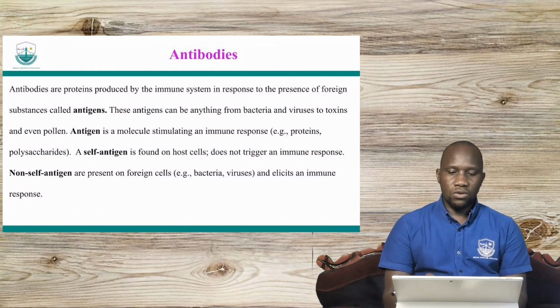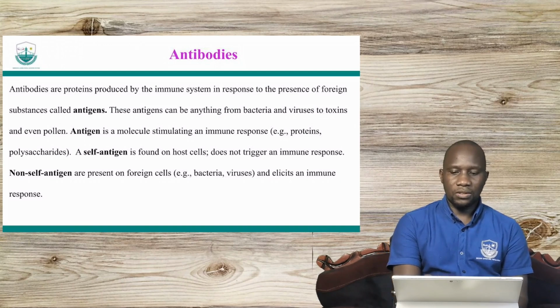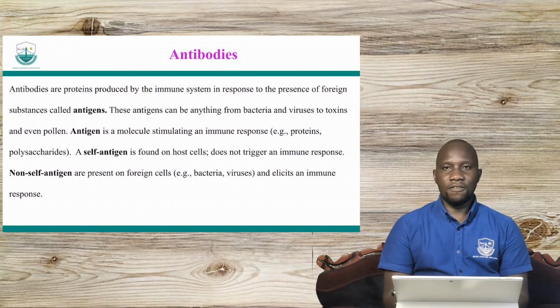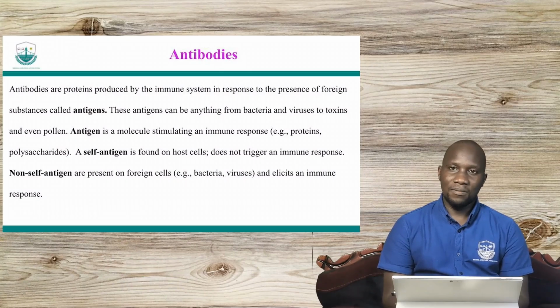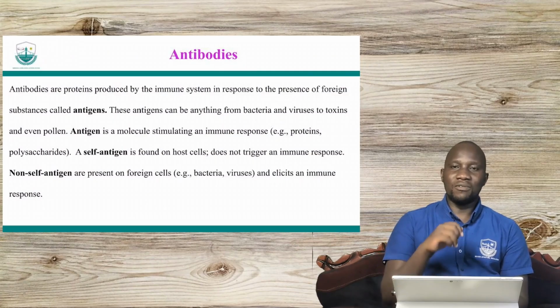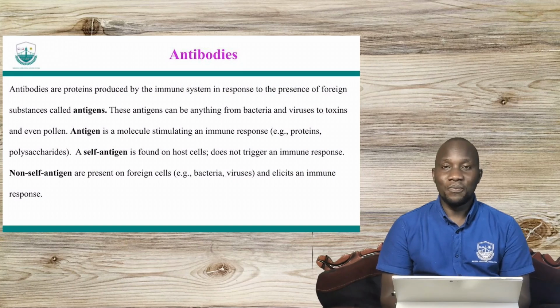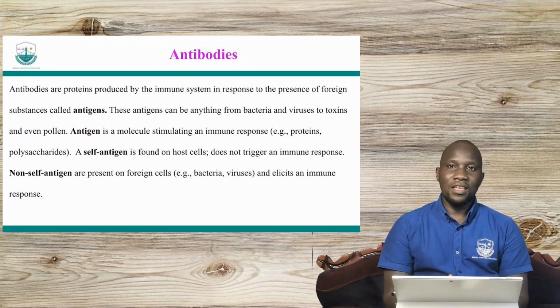Self-antigen is found on host cells but does not trigger an immune response. So basically, if you know that the thief puts on a hat, you don't go shooting everyone who has a hat, because you're going to hit normal people who are having hats. So you may need to ask everyone to remove their hat, get their identification document for you to know whether they are actually enemies or not.